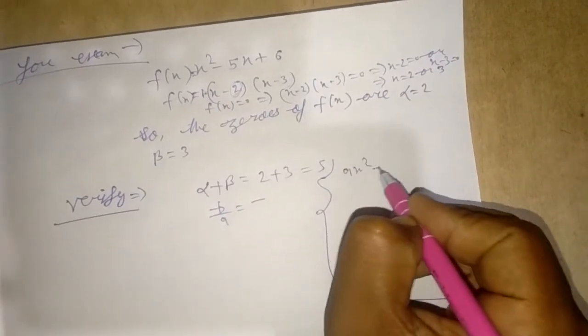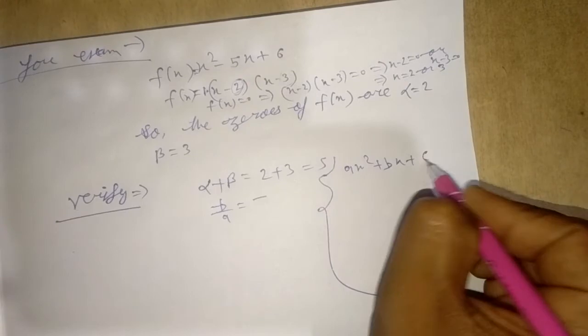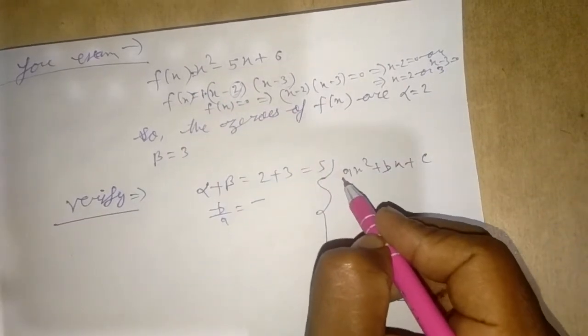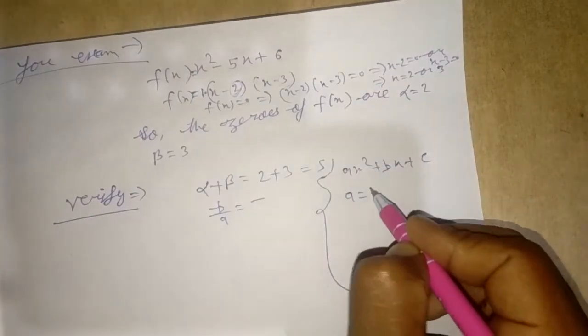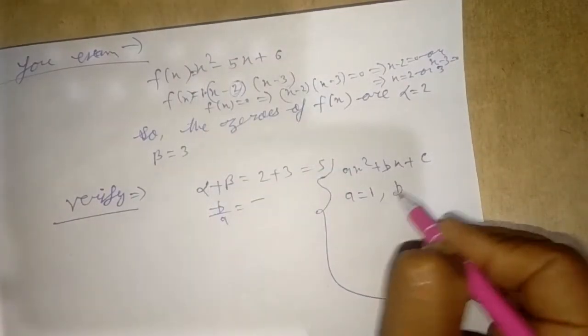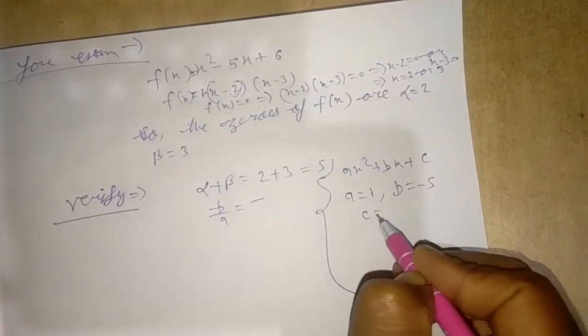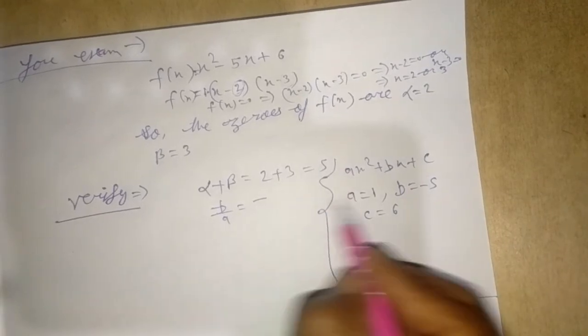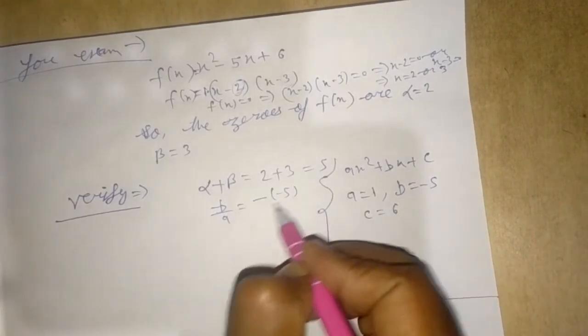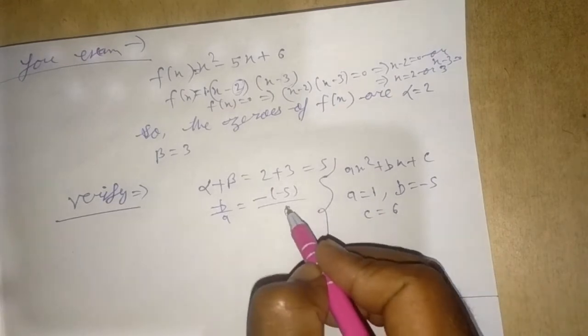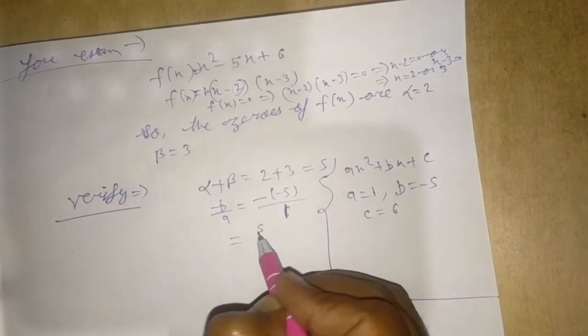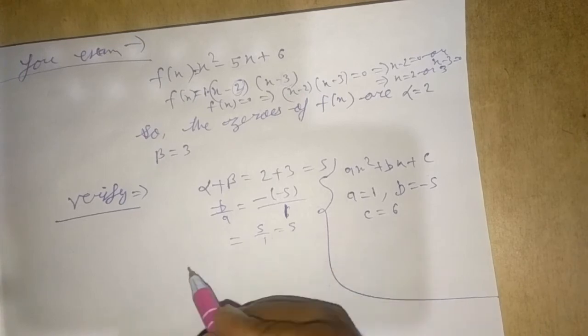Comparing ax square plus bx plus c with this polynomial, we get a is equal to 1, the coefficient of x square, b is equal to minus 5, and c is equal to 6. Sorry, a is equal to 1, so minus b upon a is 5 upon 1, which is 5.